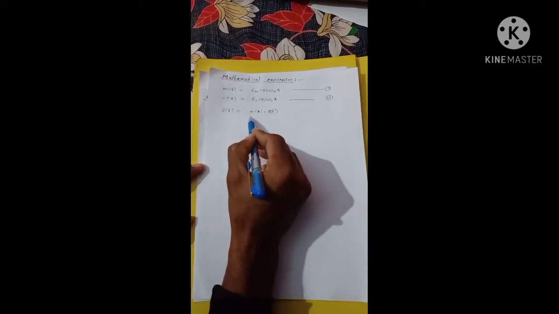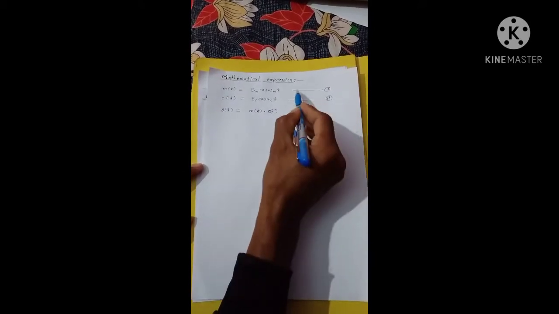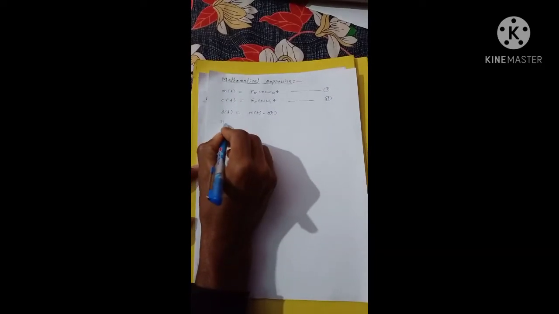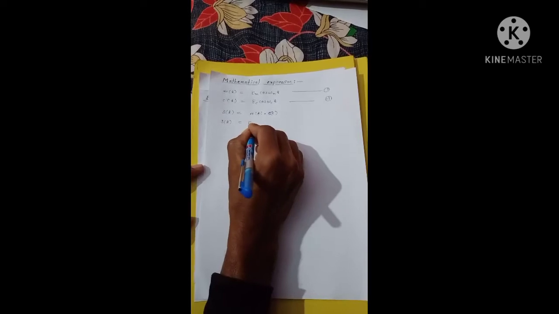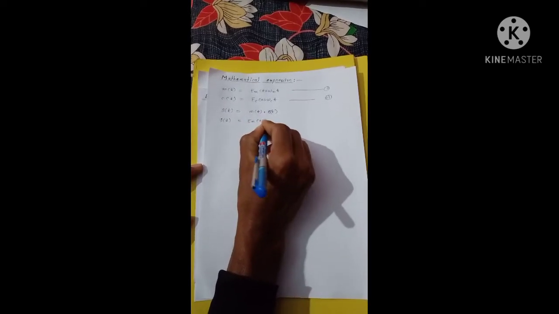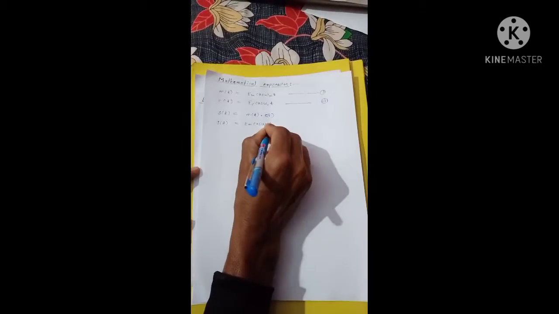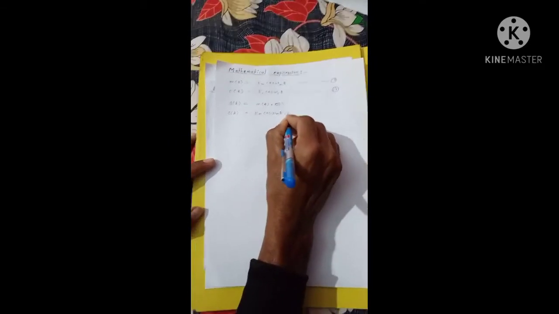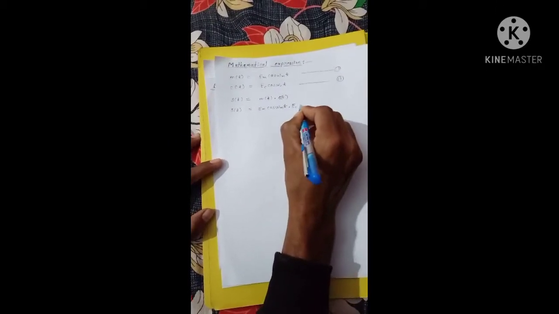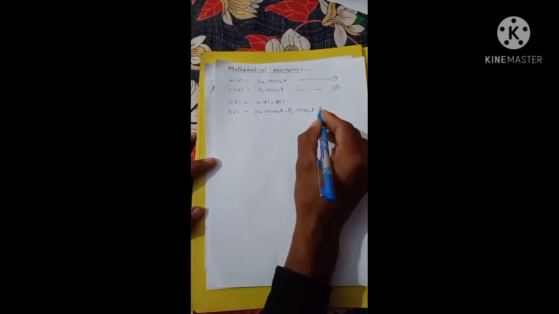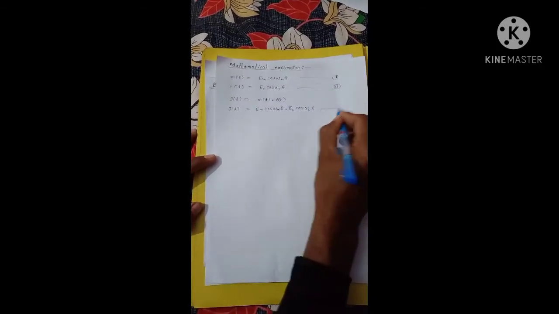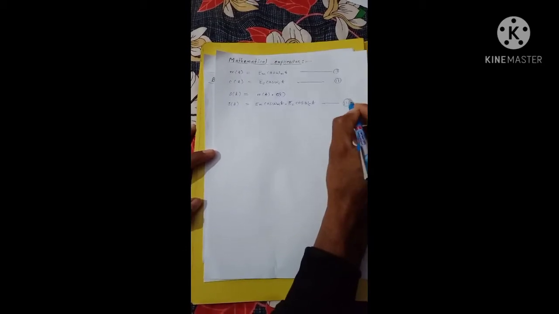Put the values of m(t) and c(t) from equations first and second. So s(t) is equal to Em cos omega m t into Ec cos omega c t. Let this be equation third, right?